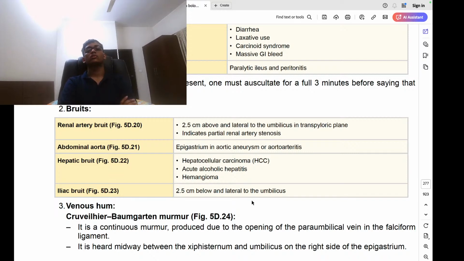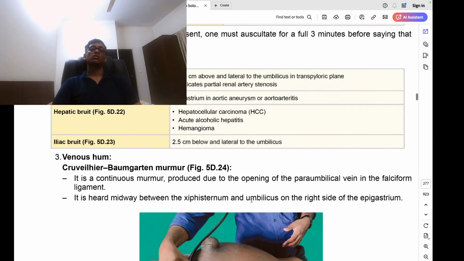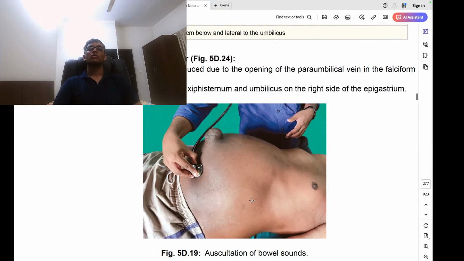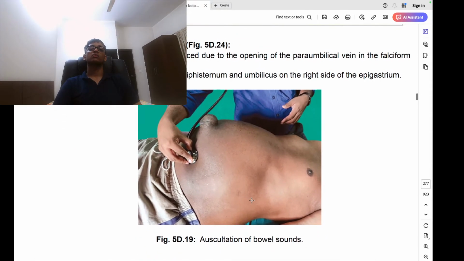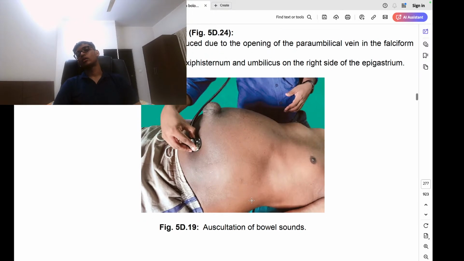When both are bruits, 2.5 cm lateral to the umbilicus. Above and lateral is renal artery stenosis. Venous hum, Cruveilhier-Baumgarten syndrome, is a continuous hum produced due to opening of the paraumbilical vein in the falciform ligament. It is heard midway between the sternum and the umbilicus on the right side of the epigastrium.